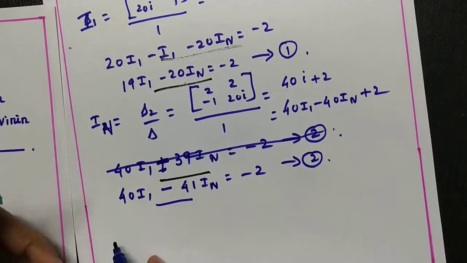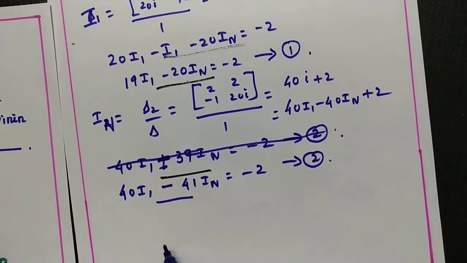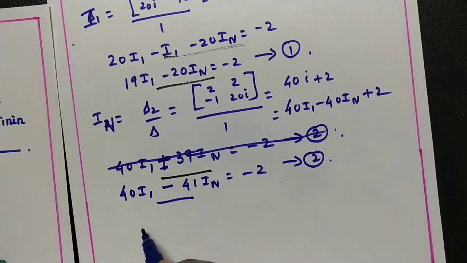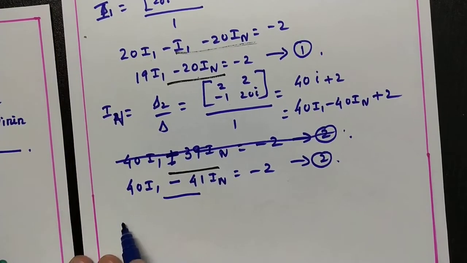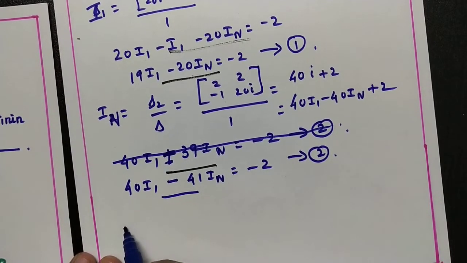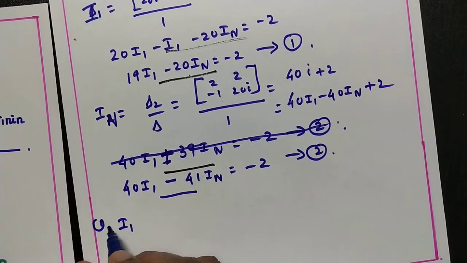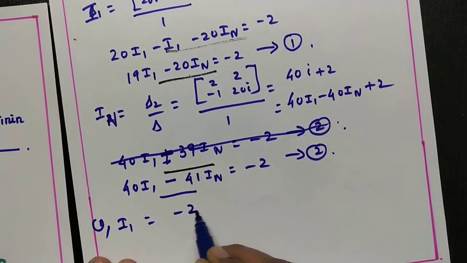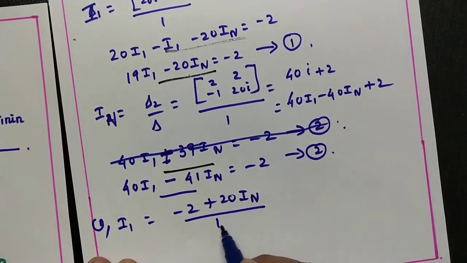So let me find IN here. Let me solve for I1, so we are eliminating I1. From the first equation, I1 equals minus 2 plus 20IN by 19.